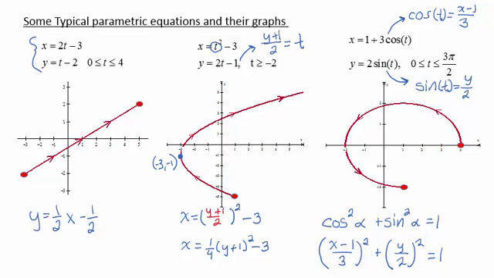Of course, we would recognize this as the equation of an ellipse centered at 1, 0. It would have a major axis right here of 3 along the x direction, and a minor axis of 2 that goes in this y direction.